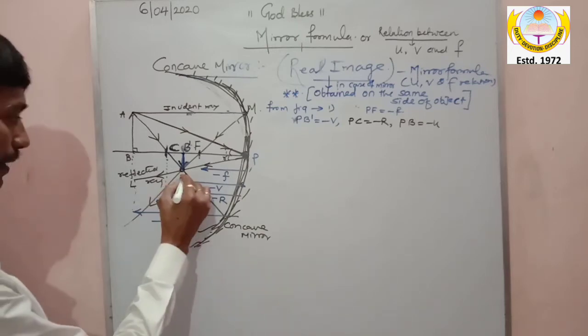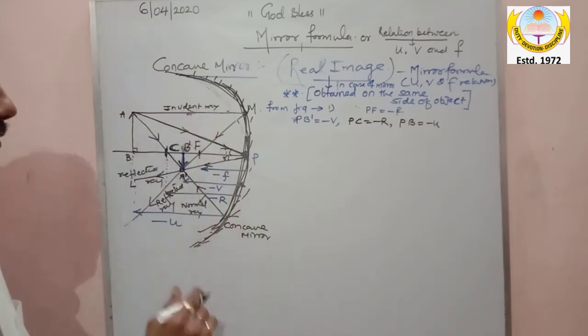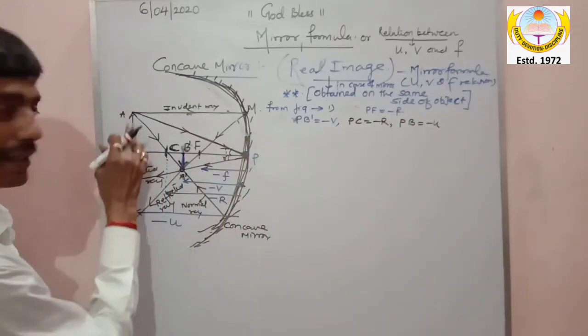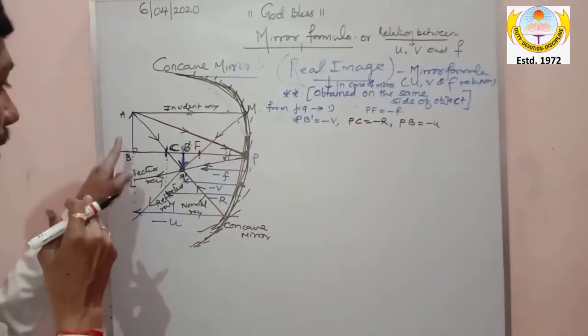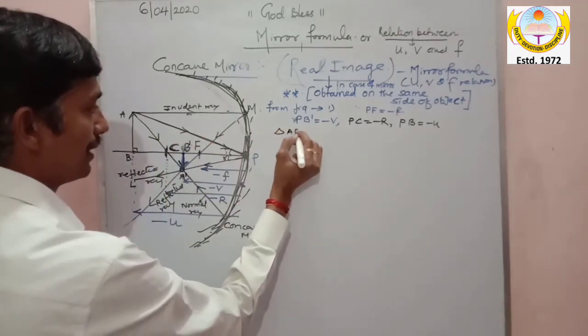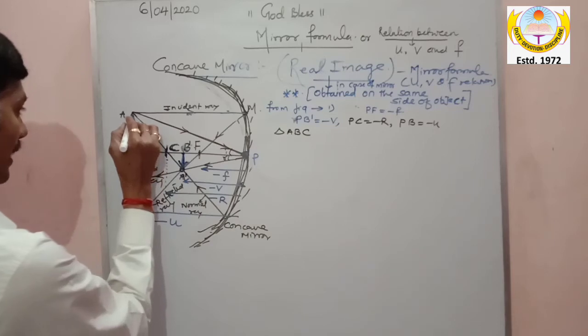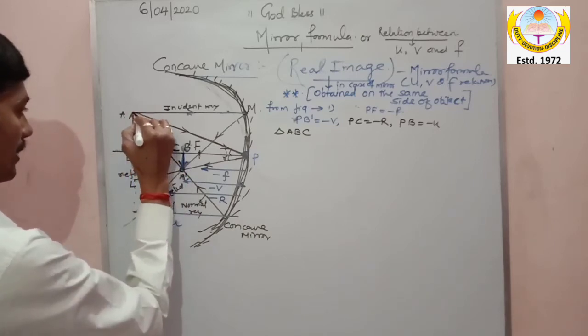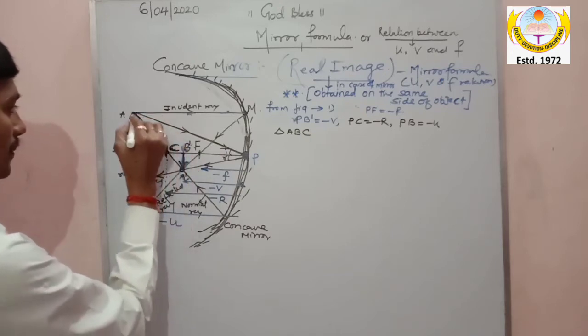Okay, now see the figure, and there are two triangles, my dear. First I am taking the triangle ABC. See everybody, this is the triangle I am talking about. See the diagram, see the video properly.